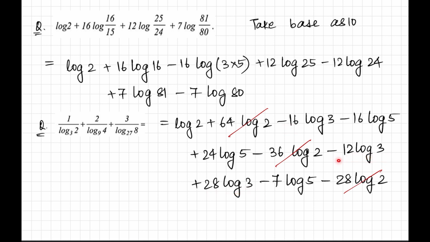Minus 16 minus 12 is minus 28 and here we have plus 28. So ये तीन terms भी हमारे cancel हो जाते हैं. Further, 16 plus 7 is 23 and here we have plus 24. तो अगर हम इनको simplify करेंगे तो we will just have log 5 वाला एक term, and therefore this can be written as log 2 plus log 5.